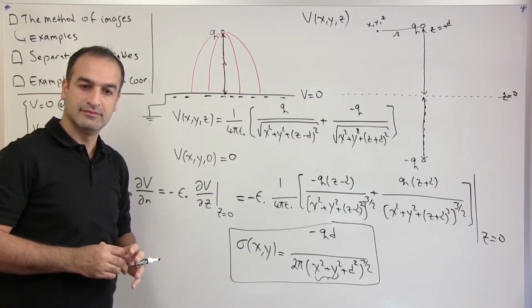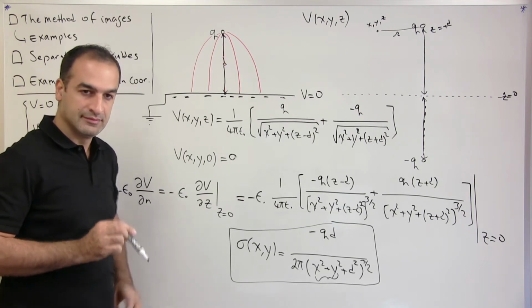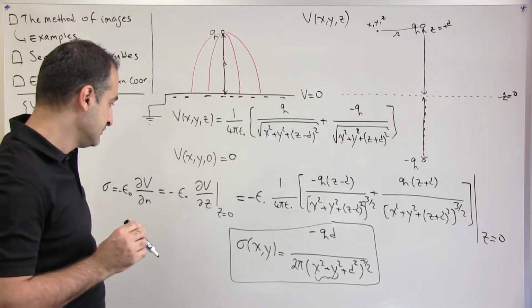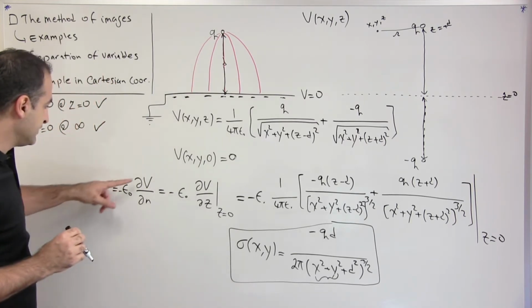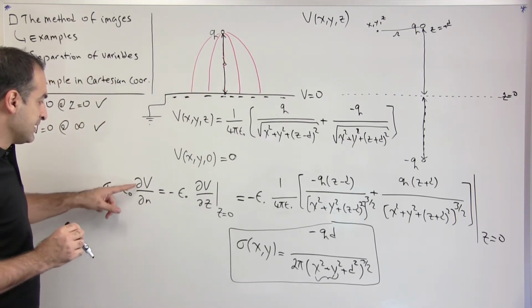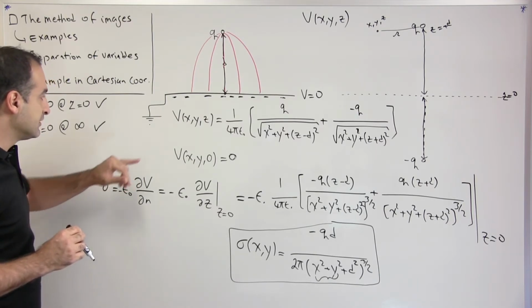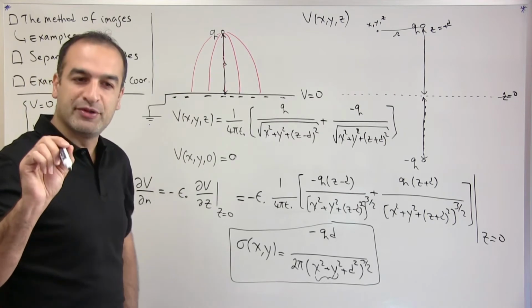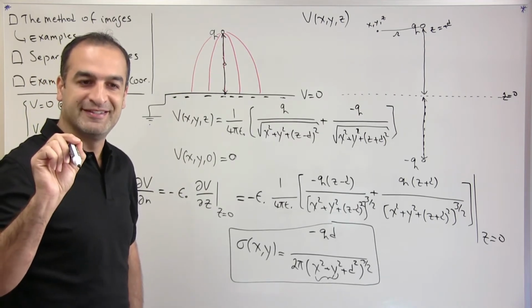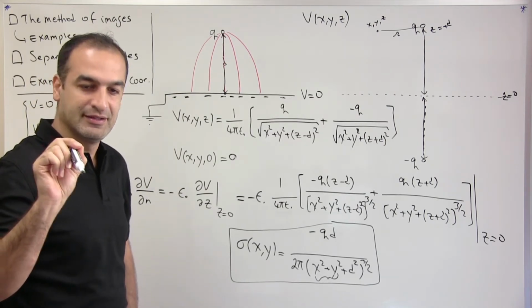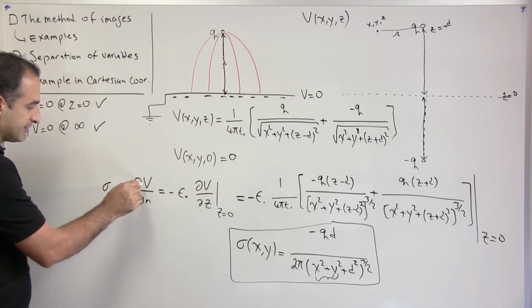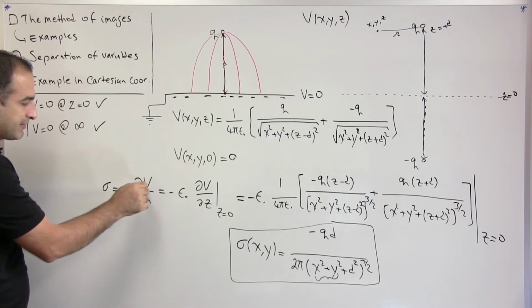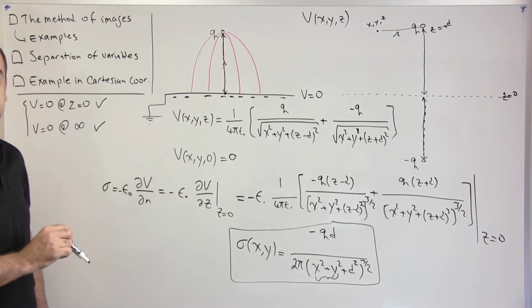So you derived the potential by simply adding the two Q's? Again, the question was the potential or the surface charge? The surface charge, but I'm just asking. So this is the surface charge, and I calculated it based on the derivative of the potential with respect to z.